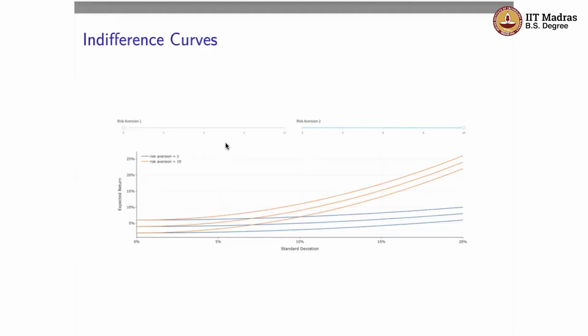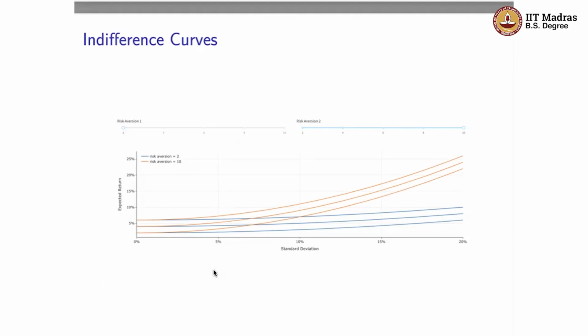And we can see that here as well, right? So for example, suppose that you start out at 10%, and then if you increase the standard deviation a little bit, we see that the person who is more risk averse would need a higher compensation in the sense of higher expected return in order to be still indifferent as the original choice, compared to somebody who had a lower risk aversion, right? So that's one thing to note about the differences.